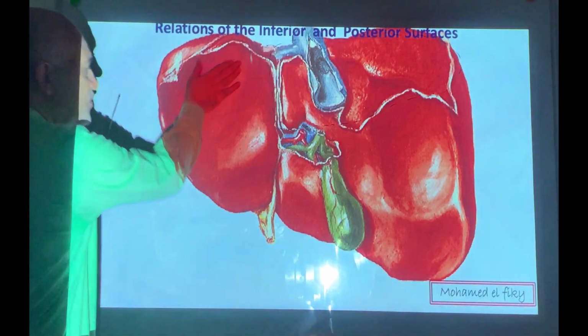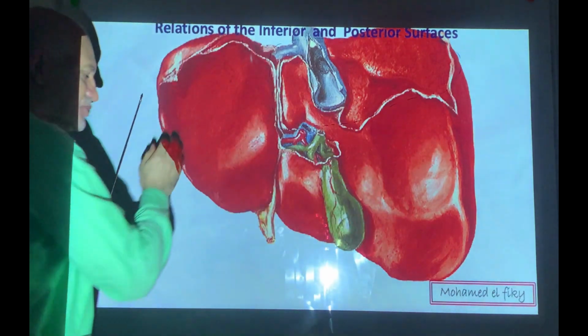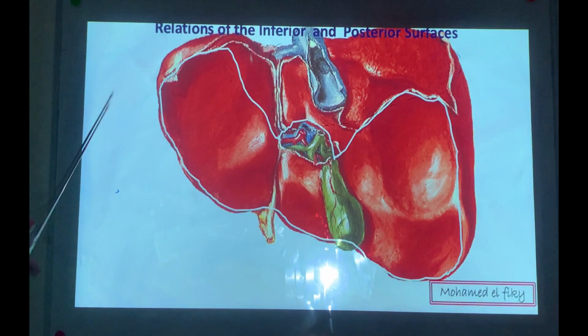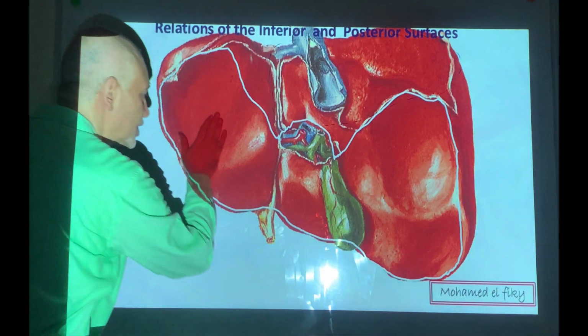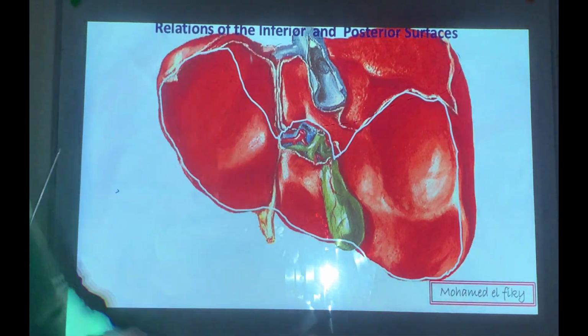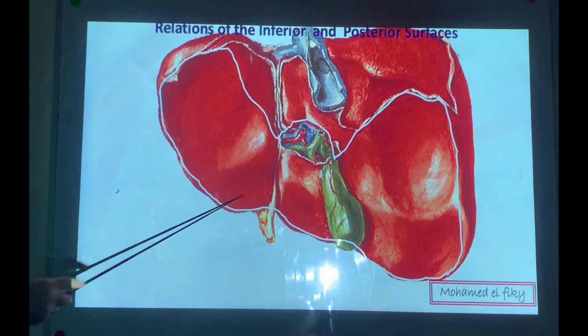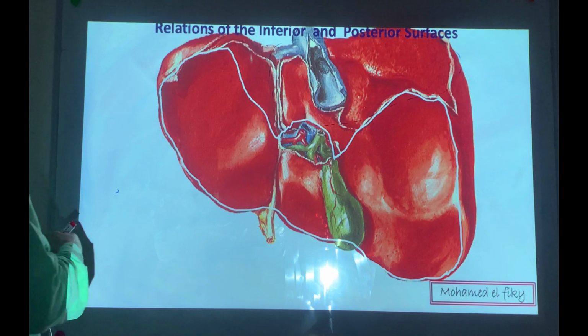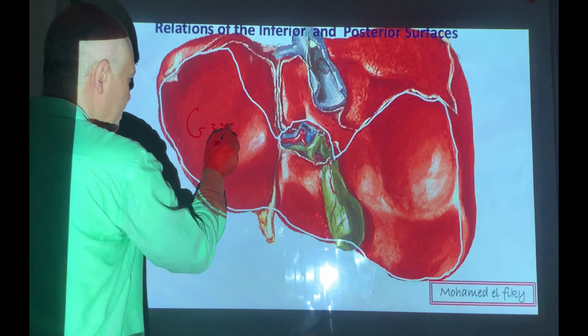And this is the inferior or visceral surface. This large area is related to the stomach, so this area is called the gastric impression.